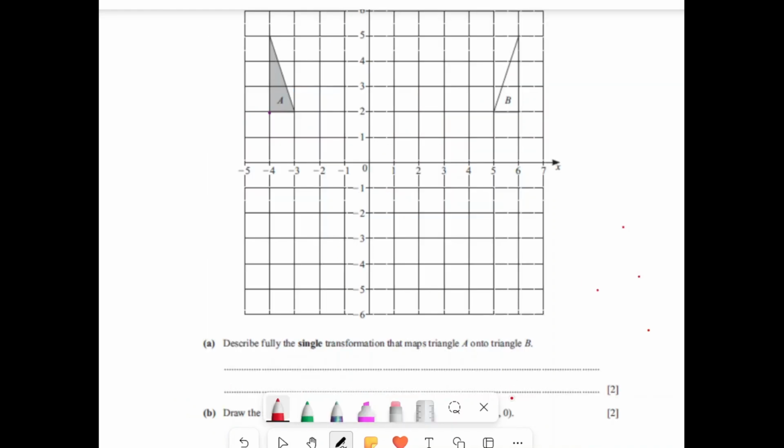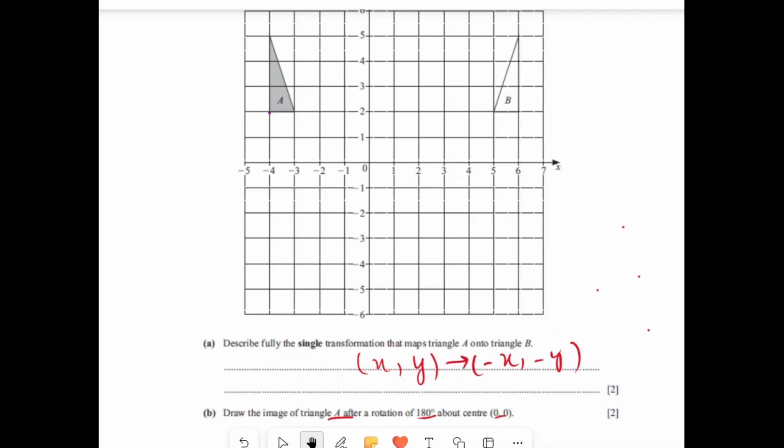Now, the next part of the question says, draw the image of triangle A after a rotation of 180 degrees about center 0, 0. That is our origin. And we know that a rotation of 180 degrees about the origin will change our x and y coordinates to -x and -y. So we will first find the coordinates of the vertices of figure A. Let's name them ourselves.